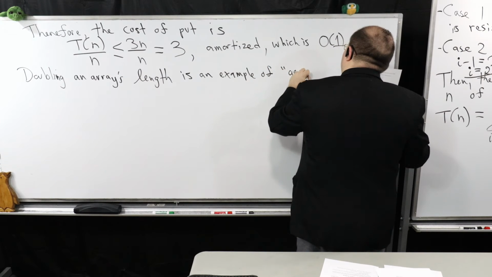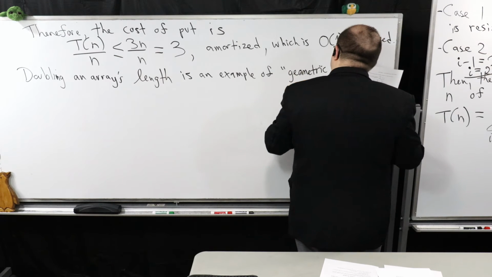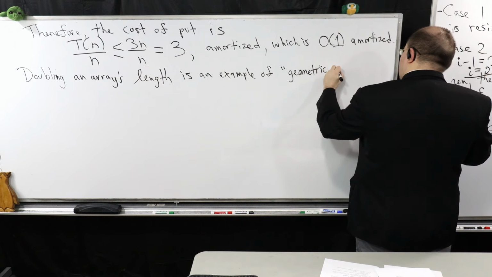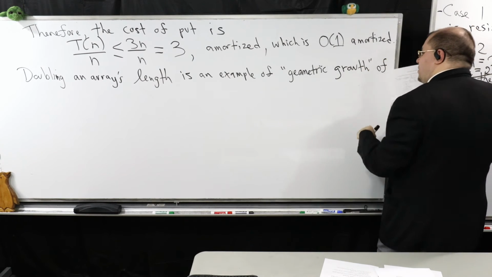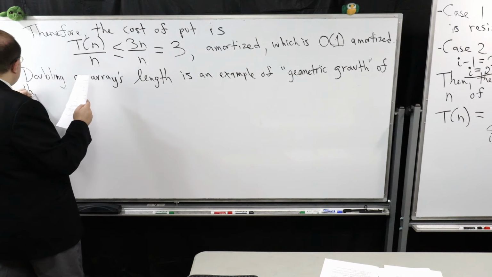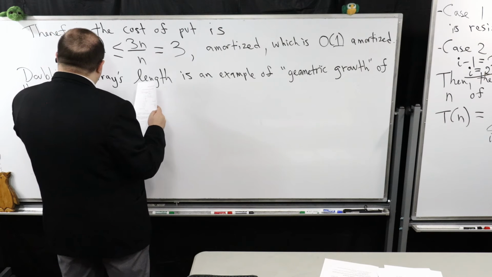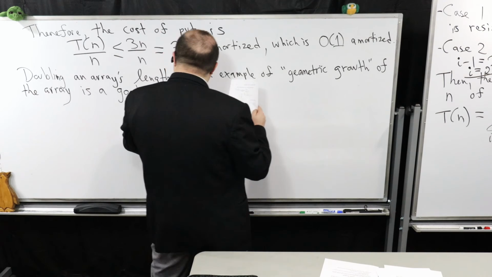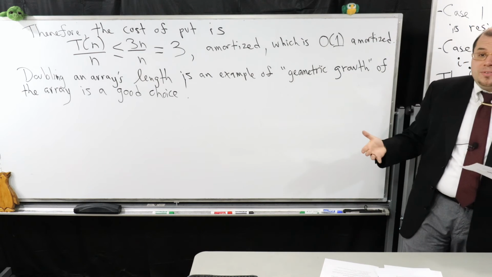So if ever you talk to somebody and ask, okay, what's this practice called of doubling the size of the array or tripling the length, it's often referred to as geometric growth of the array. Is a good choice. And this amortized analysis reflects the practice of doing this.